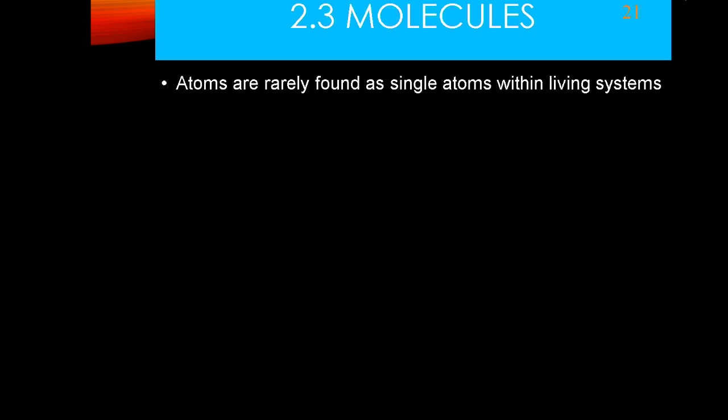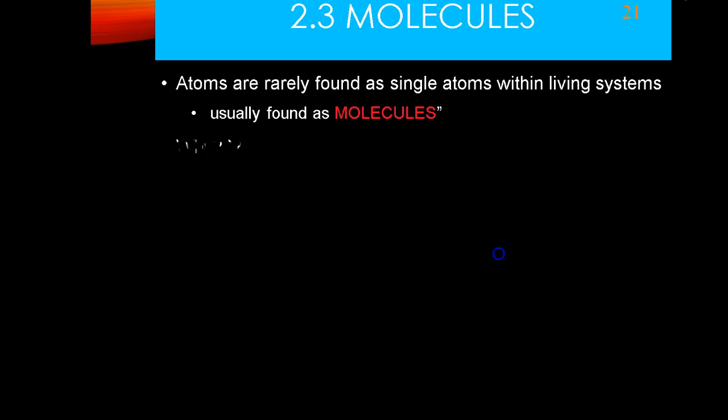All right, so let's look at molecules. Think about it. We know that atoms are rarely found singly in nature. They are found as molecules. So that's the usual form that you find atoms in. They've already combined there in molecules.